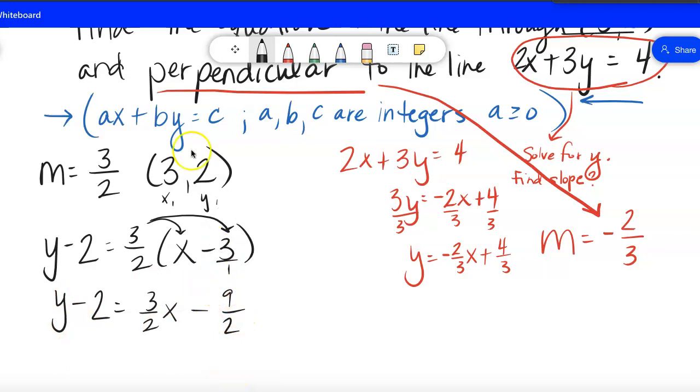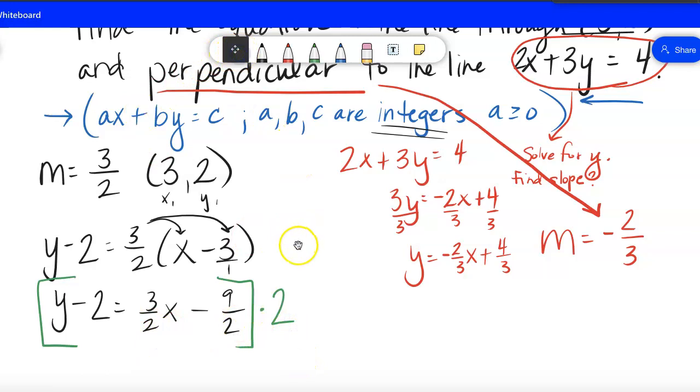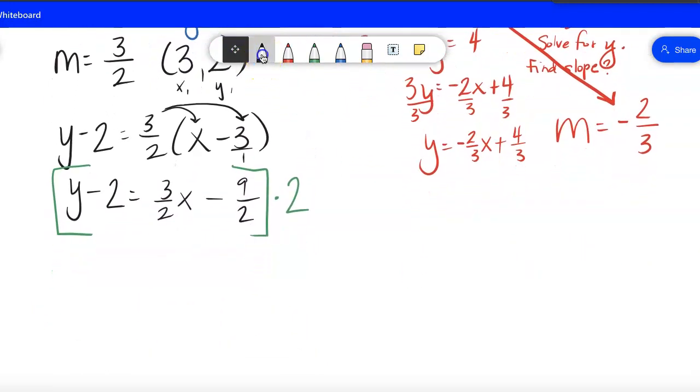Okay, now it does tell us that it wants a, b, and c to be integers, which means they can't be fractions. So the next thing I'm going to do is take the entire equation, everything, and multiply by the least common denominator. In this case it is a 2.